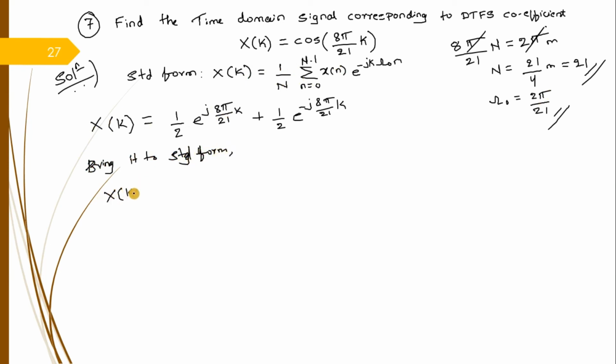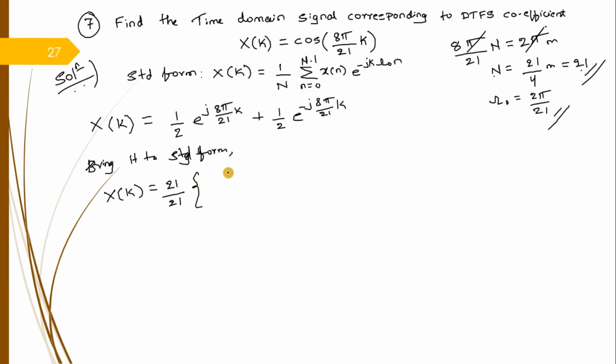X of k is equal to, I take 21 divided by 21, meaning I'm not altering the equation. Why am I taking 21? Because this n is equal to 21. A 1 by 21 factor should be there. That's why I'm taking this fraction.